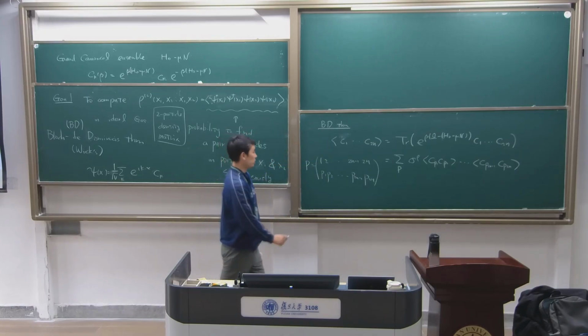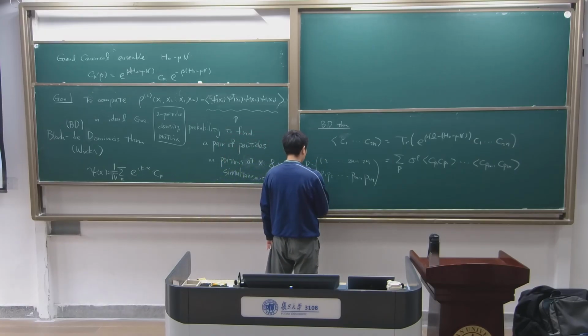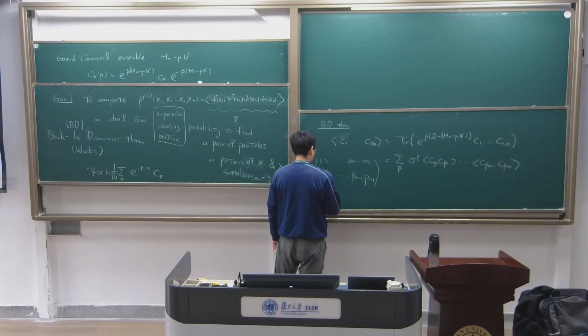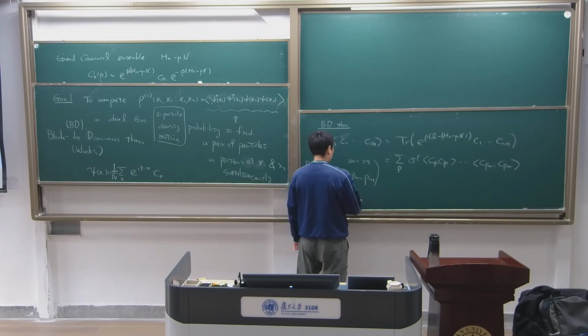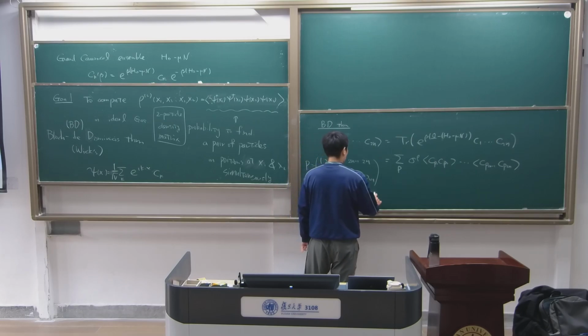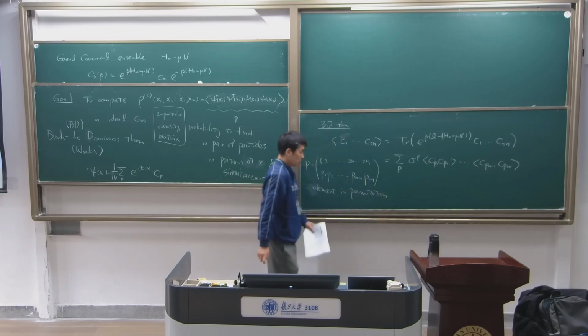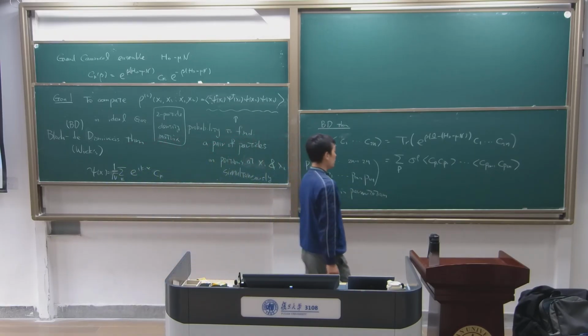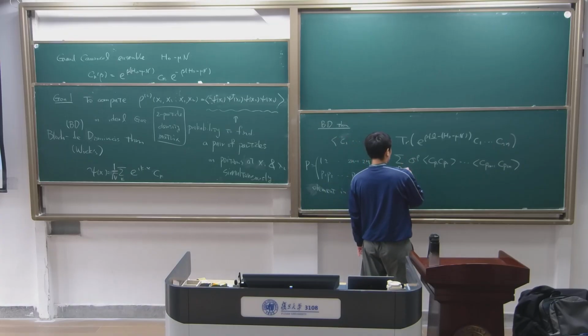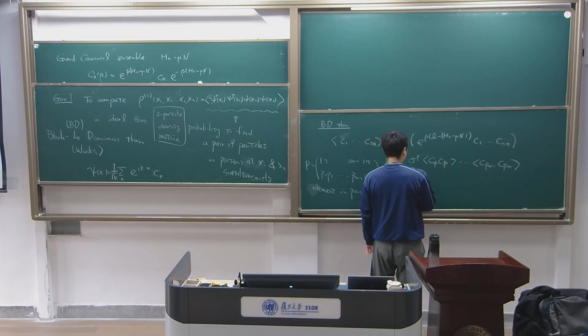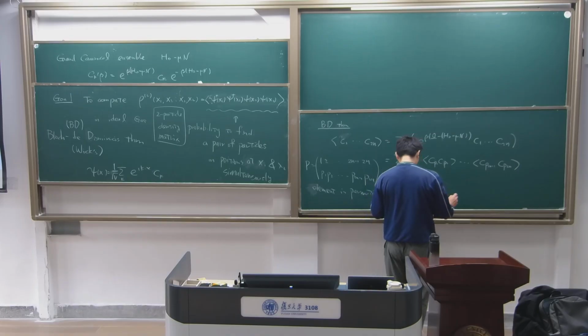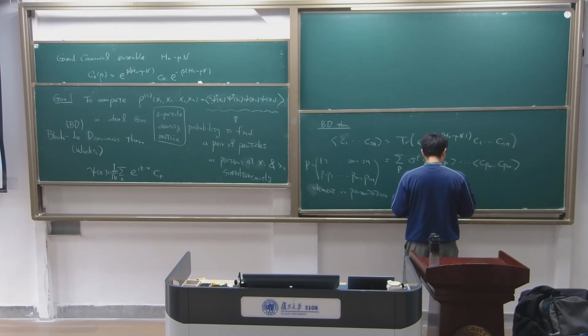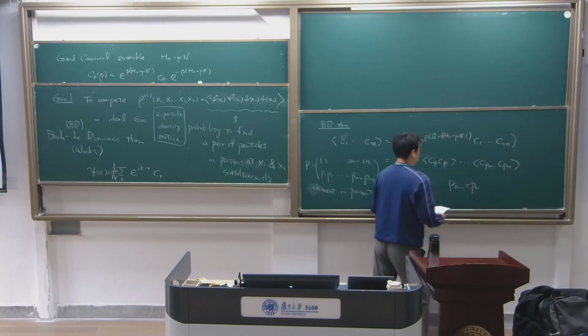Those are permutation elements in the permutation group. And here we assume that the dimension is like P1, for example P2 and so on.